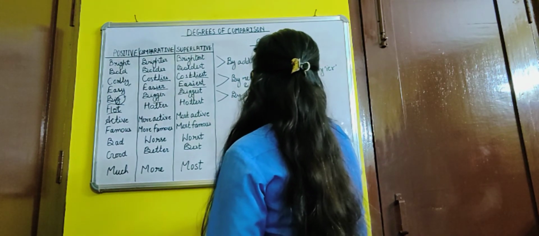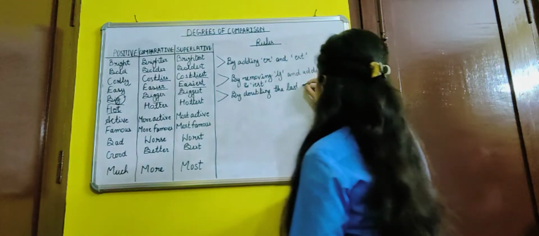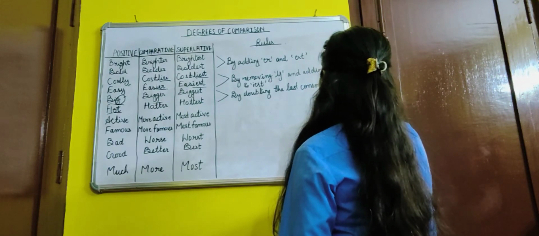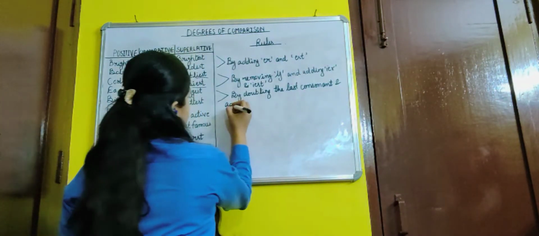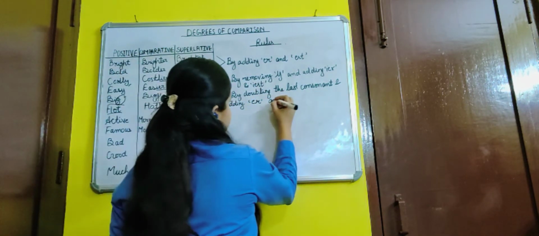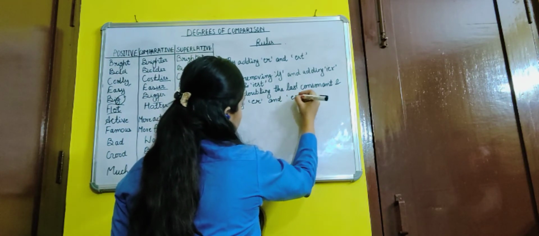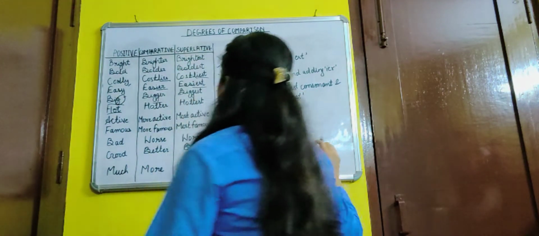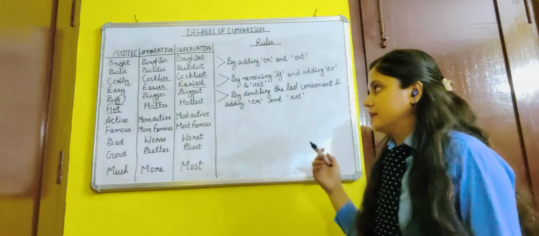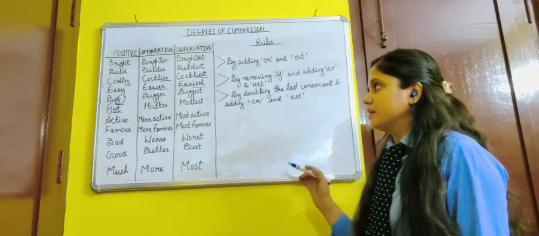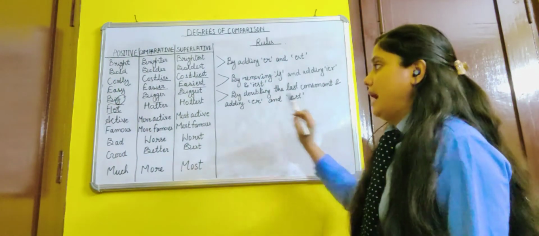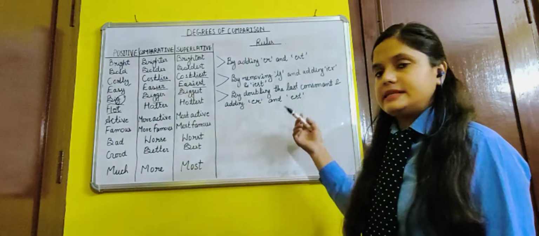By doubling the last consonant and adding ER and EST. Okay, so this is the next rule: we can make comparative and superlative degrees from the positive degree by doubling the last consonant and adding ER and EST respectively.